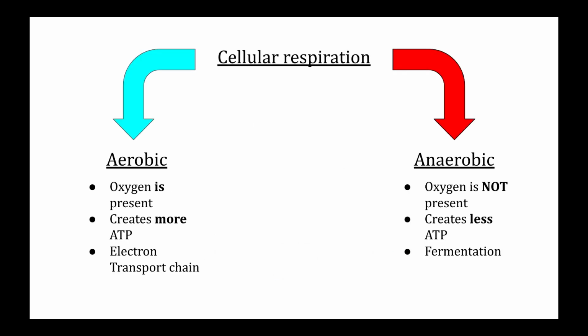There are two types of cellular respiration: aerobic respiration, which occurs when oxygen is present, and anaerobic respiration, which occurs when oxygen is not present. The reason why aerobic respiration is so much better at producing ATP is because it utilizes the electron transport chain, which generates most of the ATP, with oxygen as the final electron acceptor.